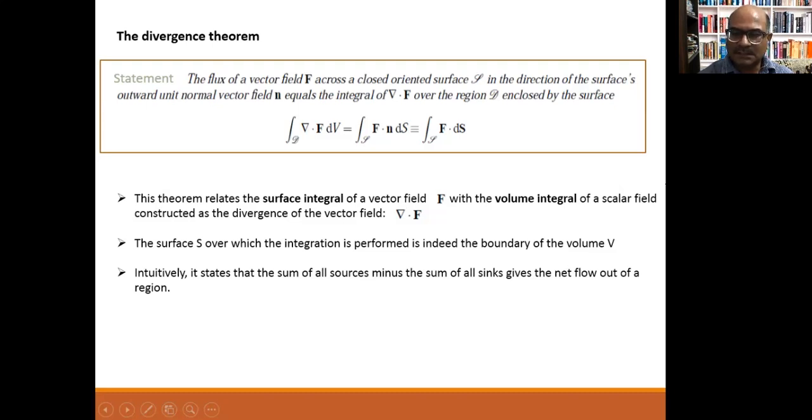And already we have seen that this surface integral defines the flux, which is given by F dot n dS, in the direction of the surface outward unit normal vector field.